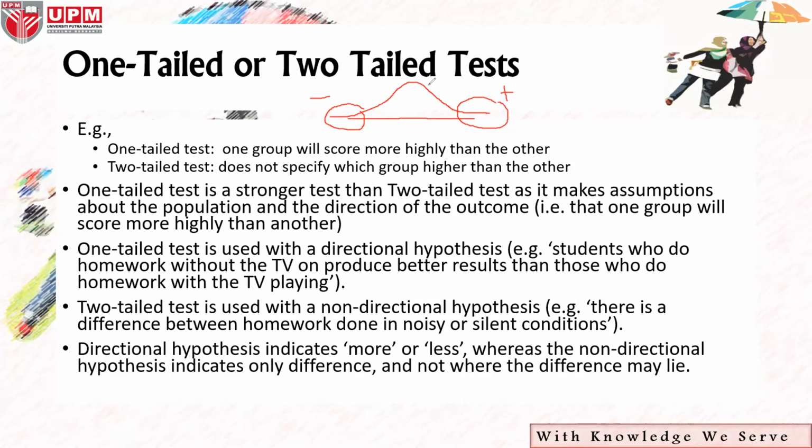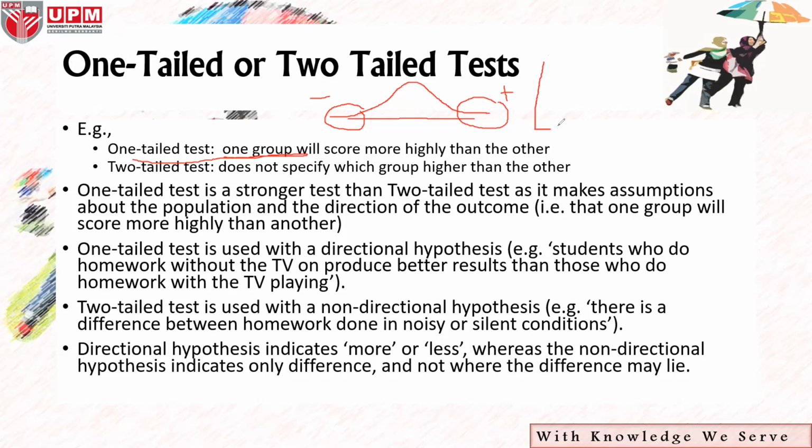So one tail or two tail will reflect your hypothesis development later on. If in your hypothesis you indicate the direction of the relationship, or you indicate which group is better than another group, meaning that you indicate the direction, the name is one tail. One tail means that you specify the direction.